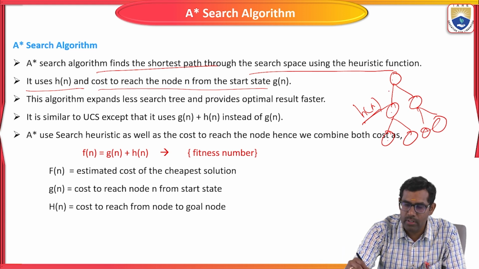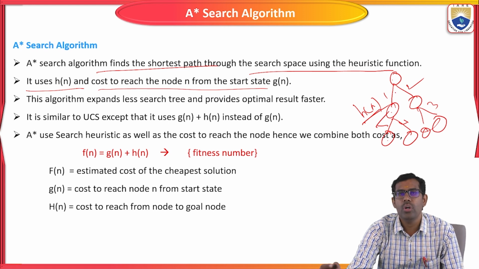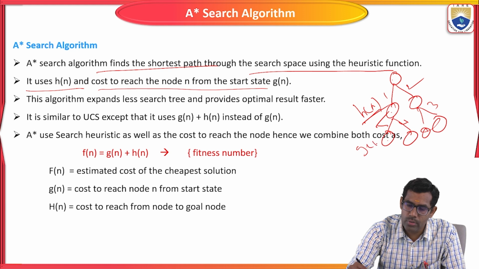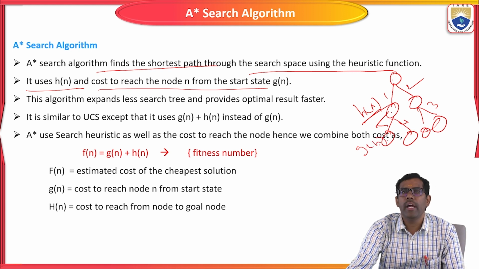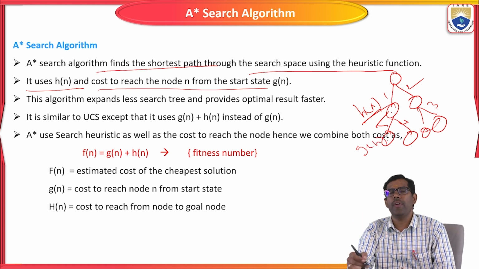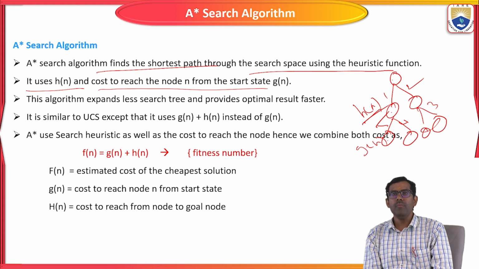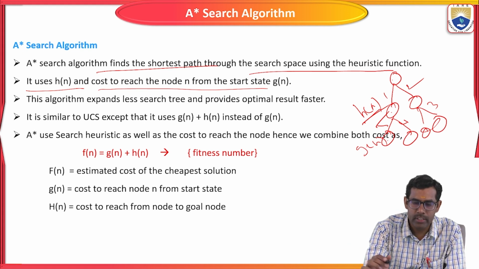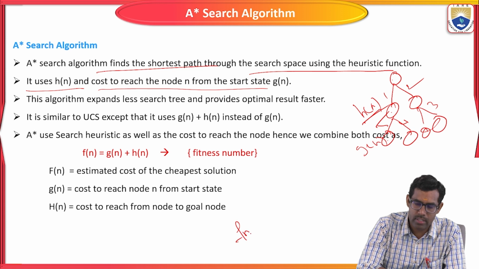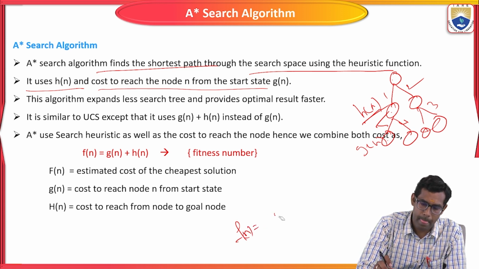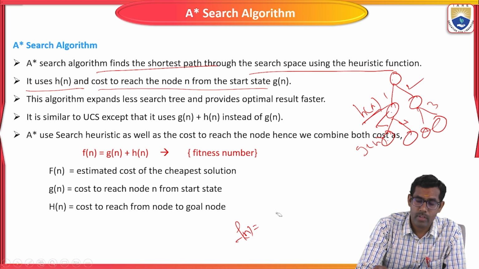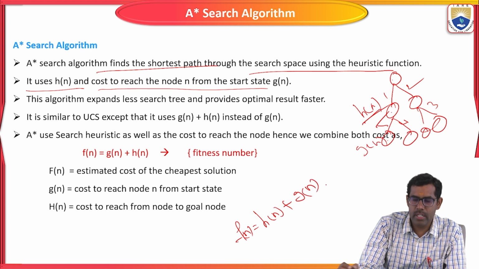Here we also have some cost for each and every node. We use that cost along with the heuristic function to find the shortest path. So h of n. I'm writing the formula: f of n equals g of n plus h of n.